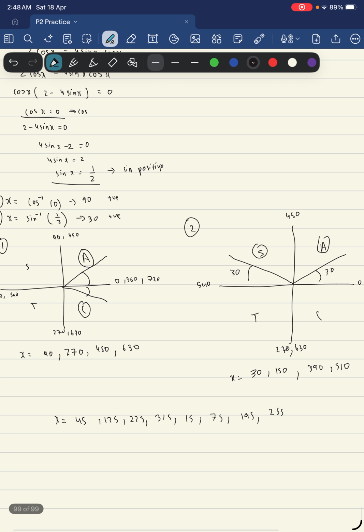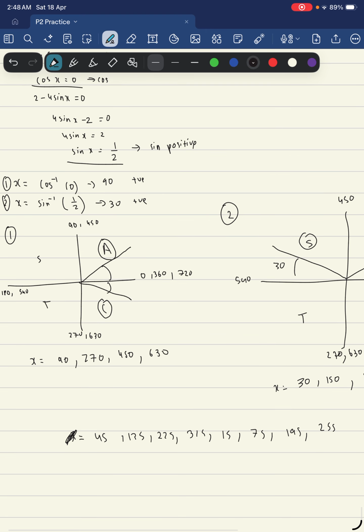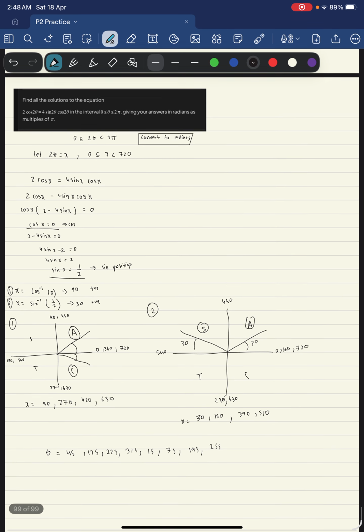Alright, we got the values for theta. This was 2 theta, this is theta. But remember, convert it into radians at the end.